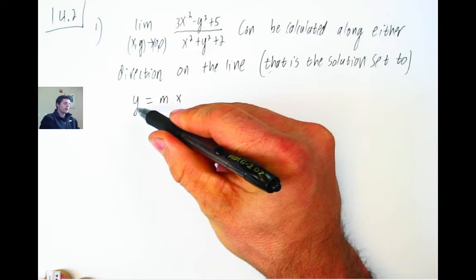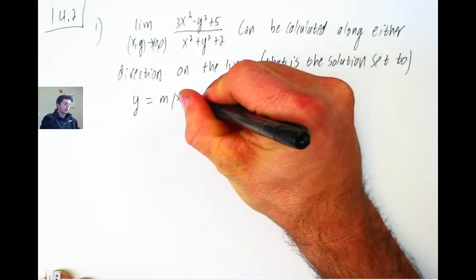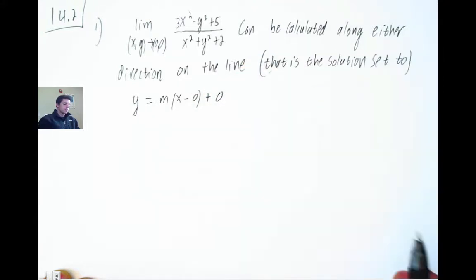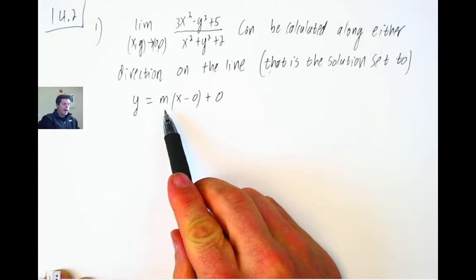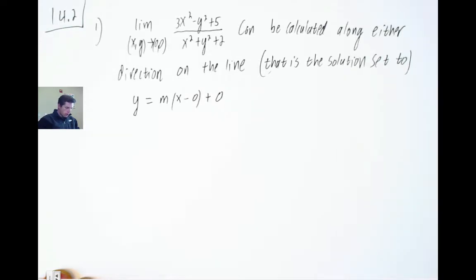I could write this as y is equal to m(x minus x0). Here, I'll do it. See, this is the line with slope m, an arbitrary slope, that passes through the point (0, 0). Okay, now of course there are two directions along that line.